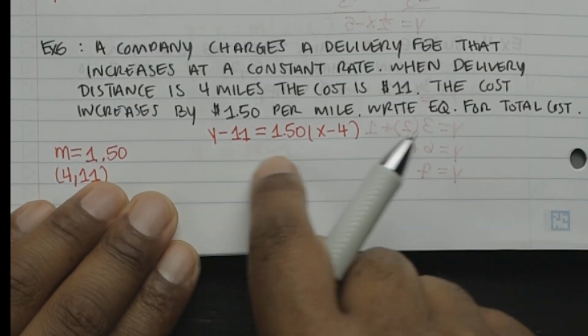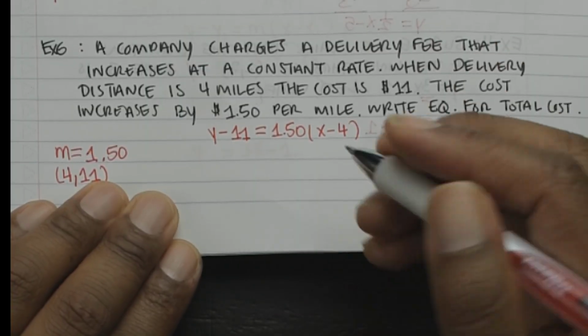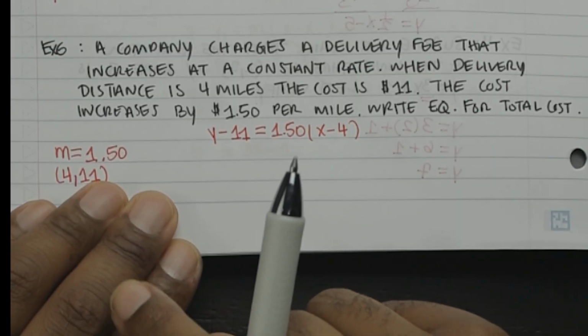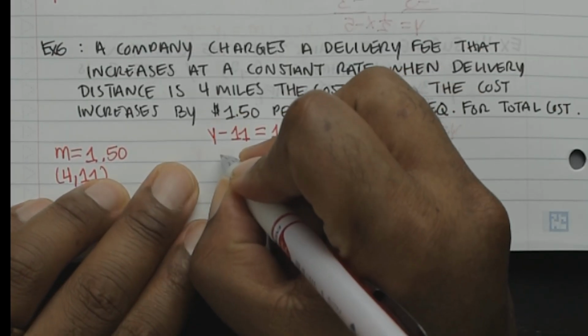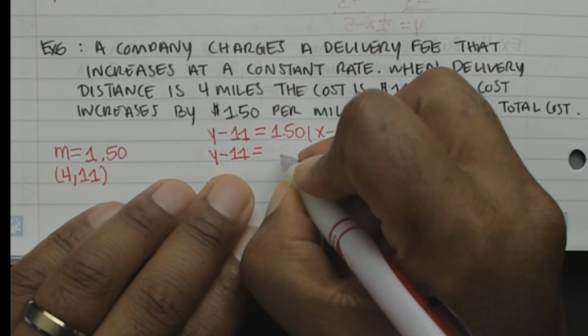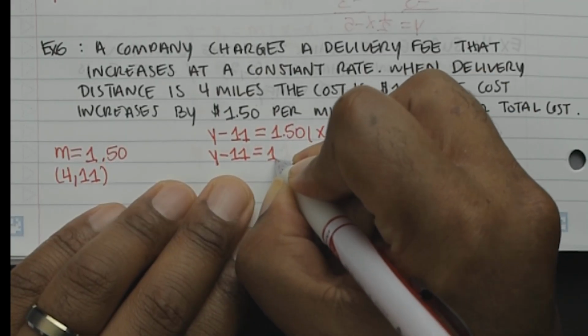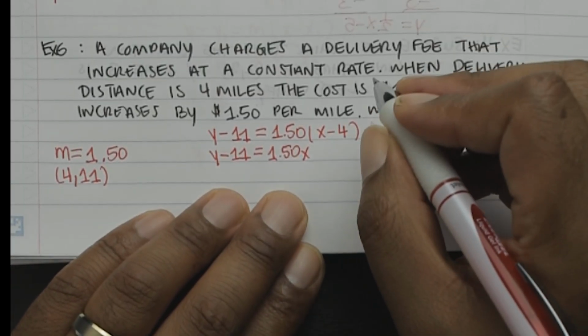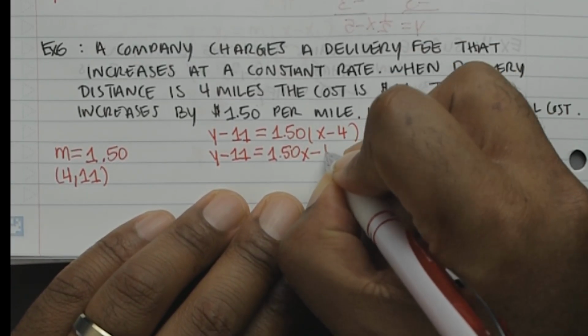Now again, you can leave it like this or you can simplify it, which in this case we have to because it says write the equation for the total cost. So computing this, we have y minus 11. 1.50 times x is just 1.50x. 1.50 times a negative 4 is negative 6.